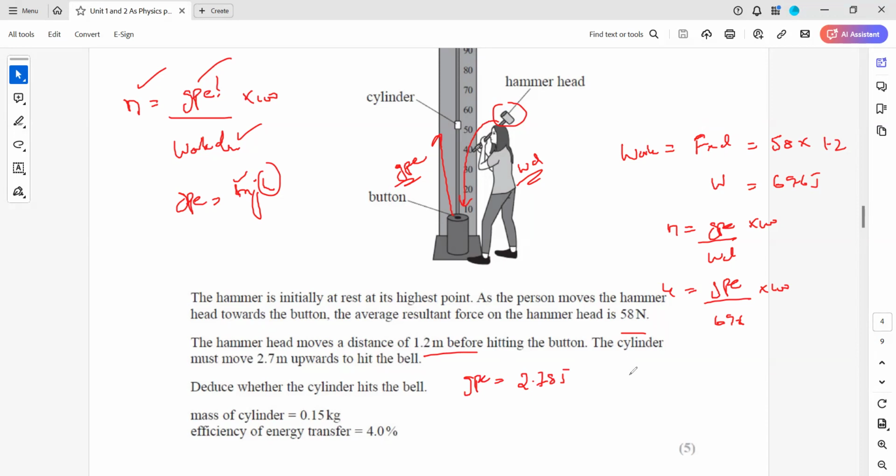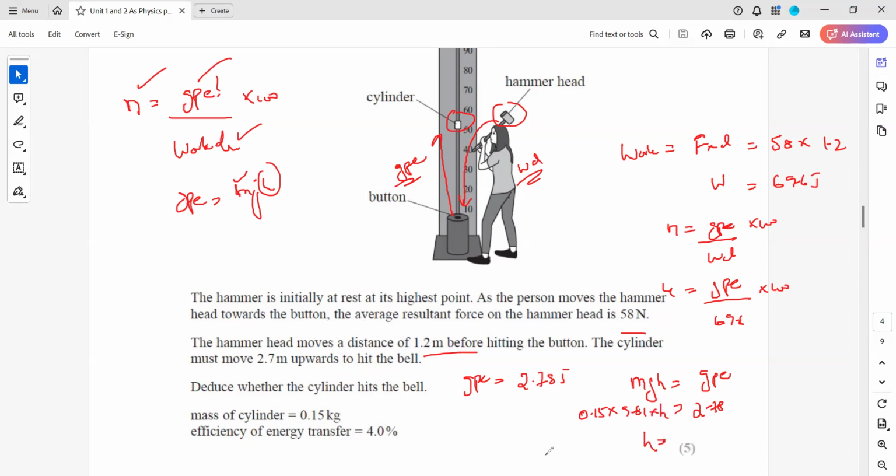After we work out the gravitational potential energy, what will we do? The gravitational potential energy is mgh. So 2.78, the mass of this cylinder is 0.15, the gravity is 9.81, multiplied by the height, which we are finding.